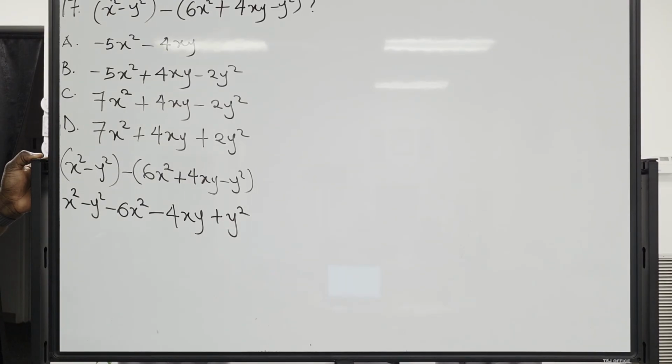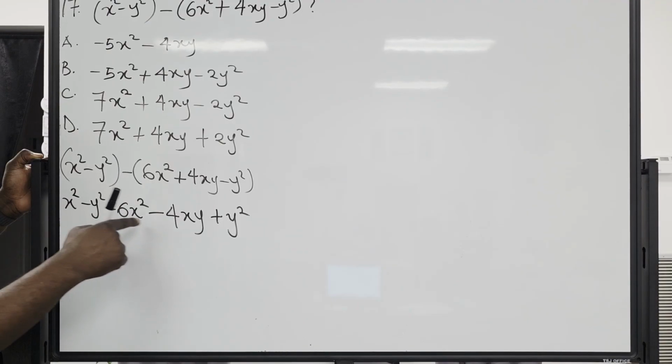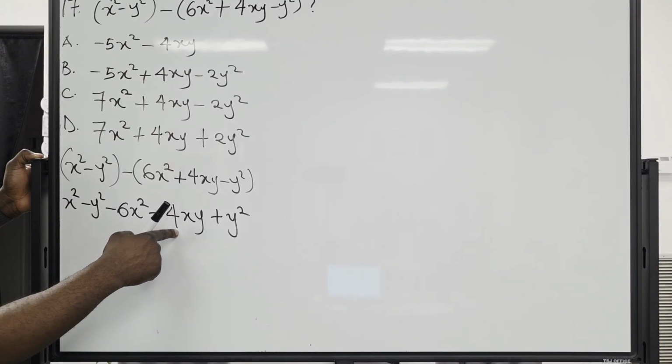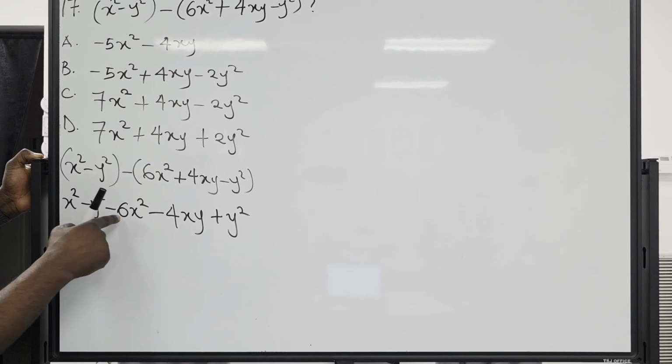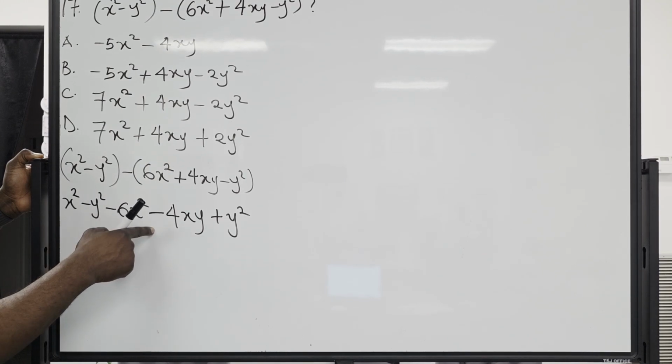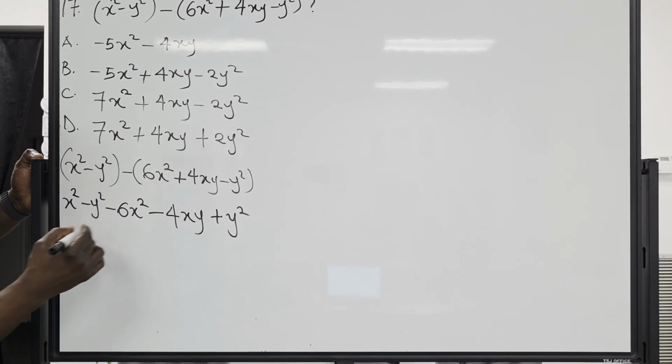So x squared minus 6x squared should give us minus 5x squared.